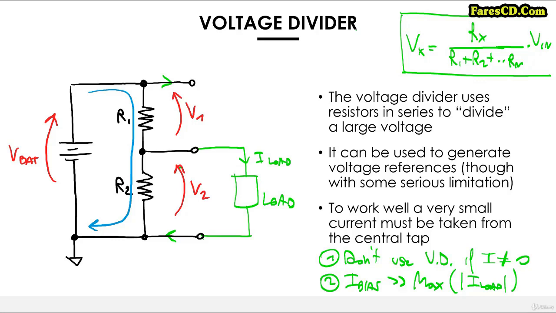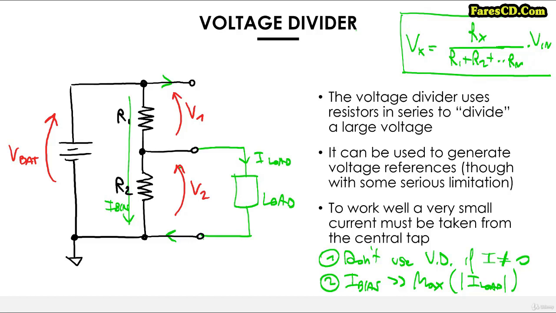The I bias is the current that goes through R1 and R2. Obviously the current in R1 and R2 is not exactly the same, but if we can assume that I load is much smaller than I bias, than the current going in R1, then the current going in R2 is going to be pretty much the same as R1.